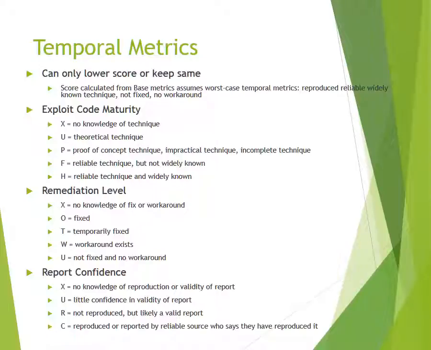If you have little confidence in the validity of the report, it's just somebody out there that's taken a guess, then you would give that a U. If you haven't reproduced it, but you suspect that there's a validity to the report, then you give it an R. And then if it has been confirmed, meaning you've reproduced it, or someone who you believe is a reliable source says that they've reproduced it, then that's a C.